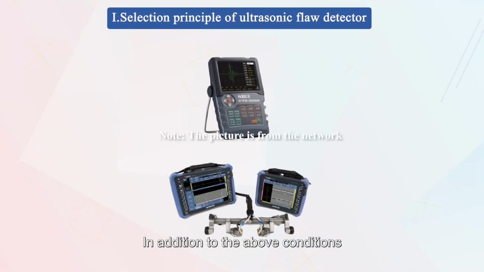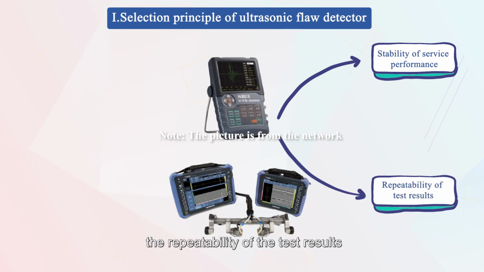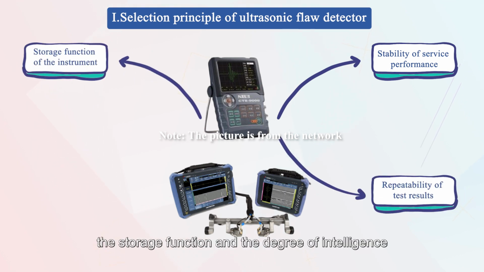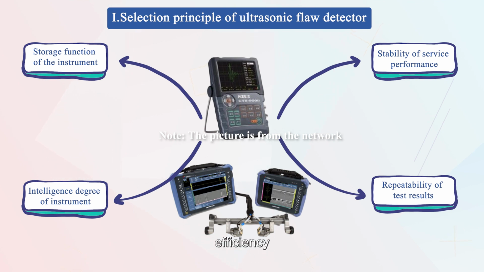In addition to the above conditions, when selecting an ultrasonic flaw detector, we should also consider the stability of the instrument's performance, the repeatability of the test results, the storage function, and the degree of intelligence of the instrument, so that the instrument can improve the flaw detection efficiency and reduce the work intensity of the inspectors while ensuring accurate detection.